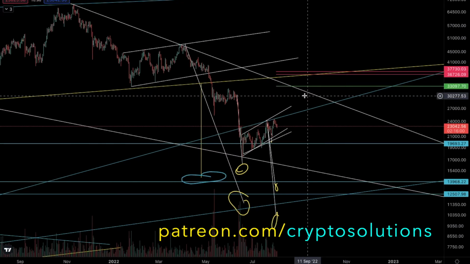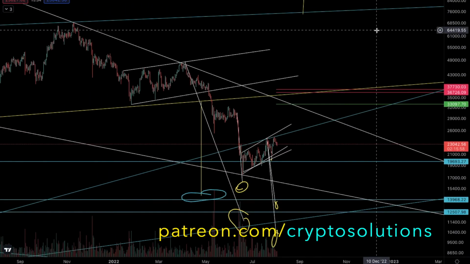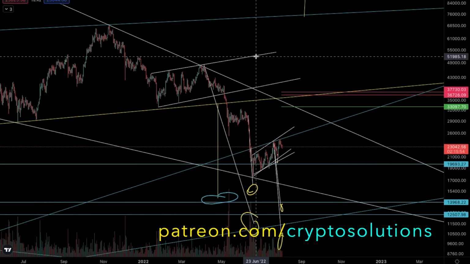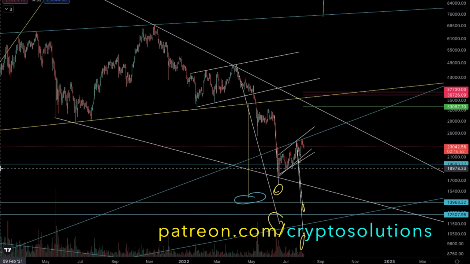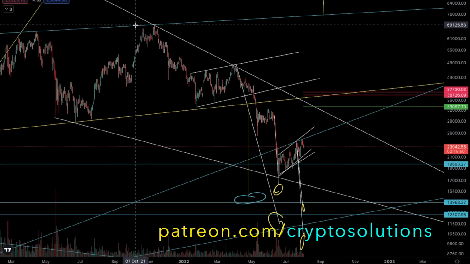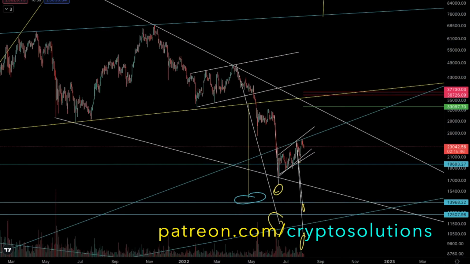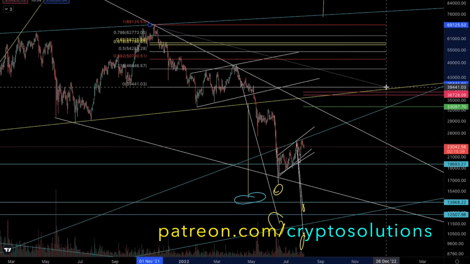And the reason why I have that is because if you pull the Fibonacci retracement, I did it from the all-time highs, but expecting this to happen is not realistic. So for example, here would be the previous all-time high, here to here.